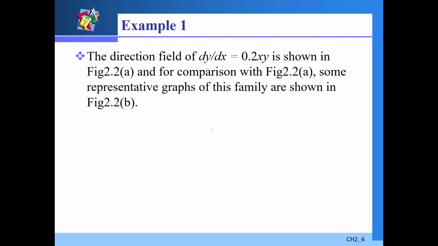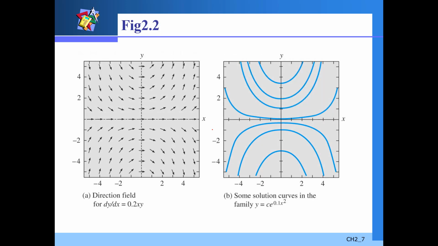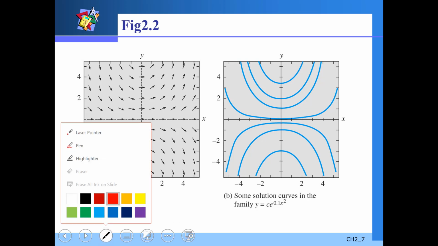In another example, you can see the direction field of dy per dx is equal to 0.2 xy, shown in figure 2.2a. For comparison with figure 2.2a, some representative graphs of this family are shown in figure 2.2b. So this is the direction field of dy per dx equal to 0.2 xy. We can see some solution curves like this one, or in figure b we make a graph like this one.